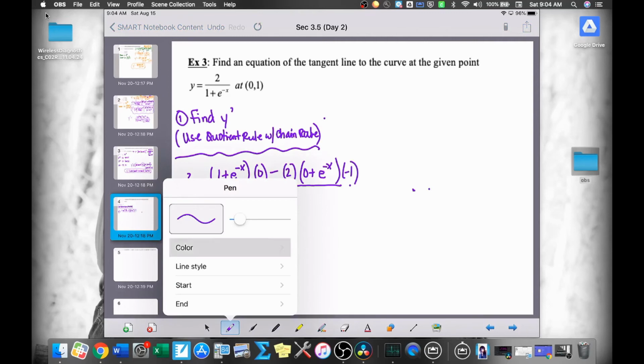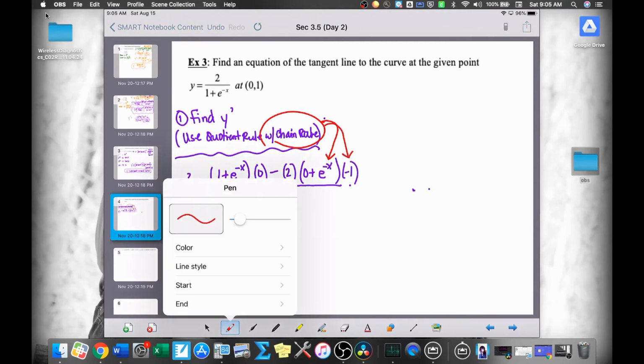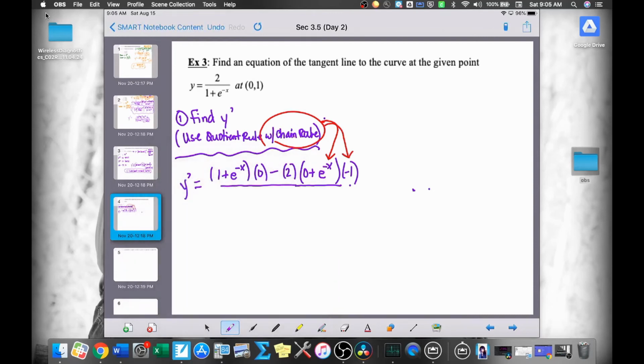So maybe on your paper, call attention to the fact that the chain rule part was right here. That's where we had to use our chain rule. And then this is all divided by low squared, so 1 plus e to the negative x quantity squared. All right. Then our second step in the process is always to find our slope at our point.